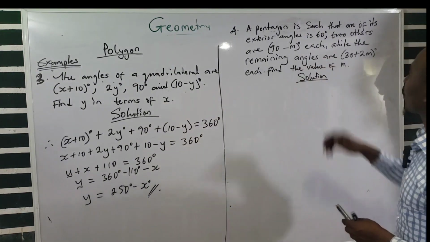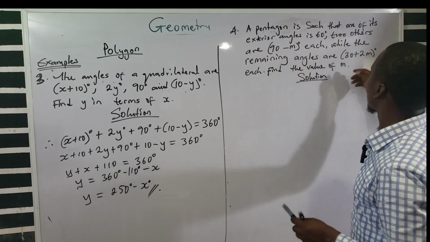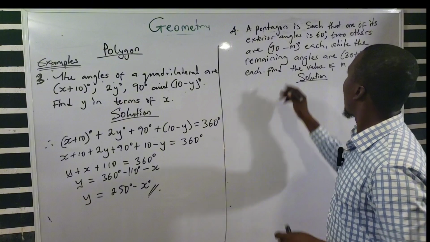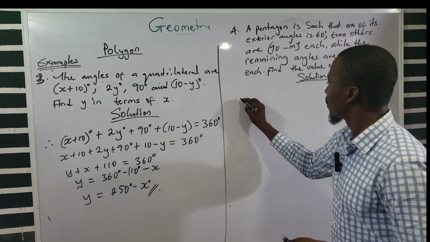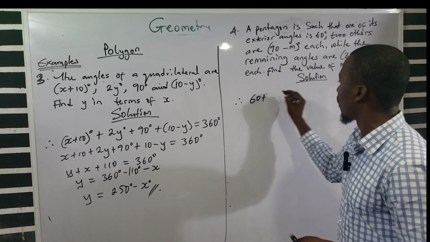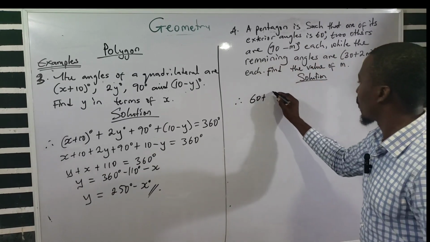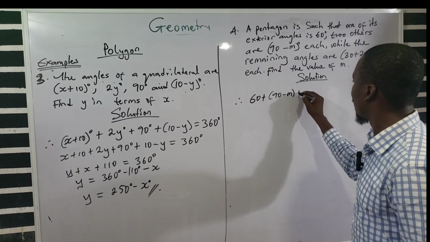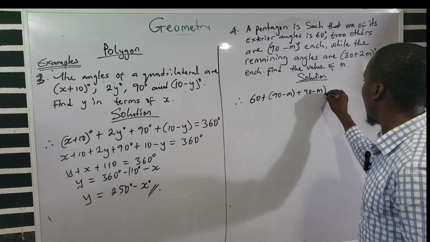So from what we have, let's add all the exterior angles and equate to 360 degrees. One of its exterior angles is 60, so therefore 60, plus two others are 90 minus m, so we have 90 minus m plus 90 minus m.